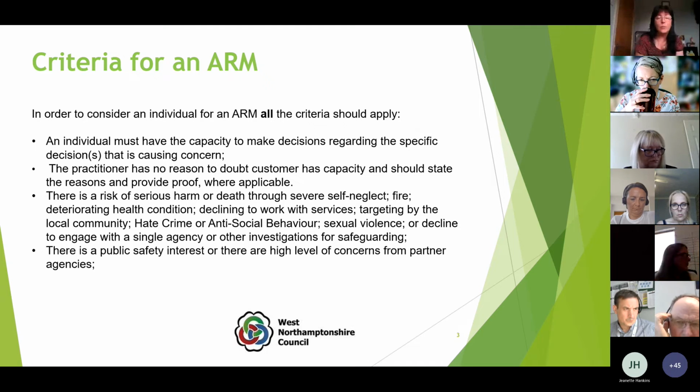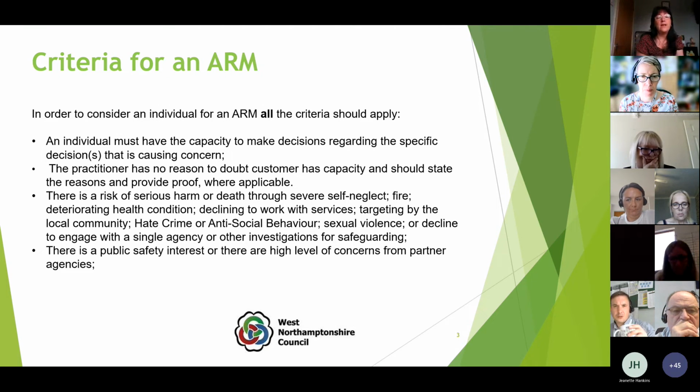And what I do say to people is it may not just be about one particular decision, it may be about several different risks. So you need to take that on board when you're looking at that. The person who is concerned and thinks that a person might meet the criteria for an ARM should be in no doubt that the person has capacity and should state the reasons.